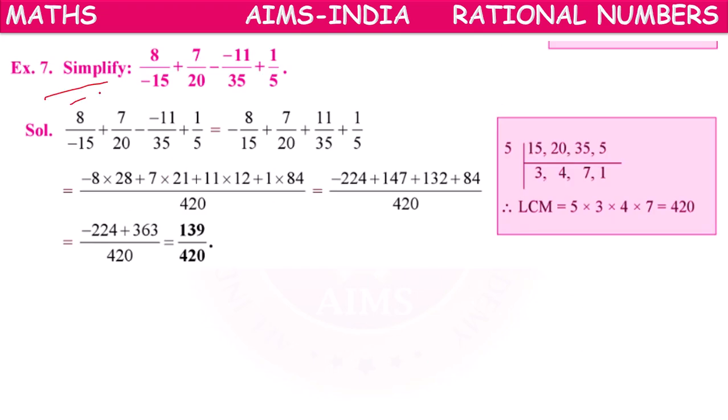So next, simplify. 8 by minus 15, 7 by 20, minus 11 by 35, plus 1 by 5. So one denominator is negative. 8 by minus 15. We have to do rough work sideways, multiplying both by minus.